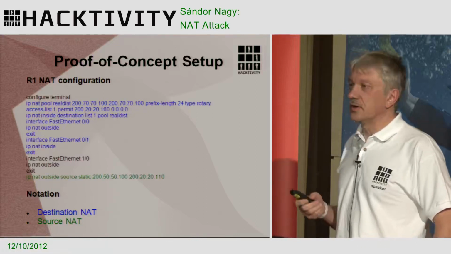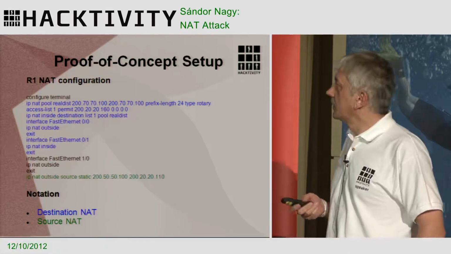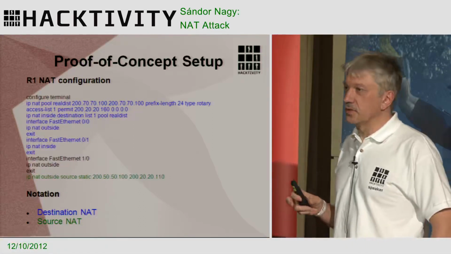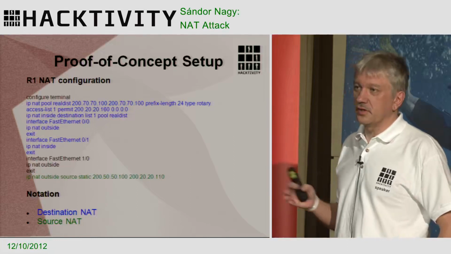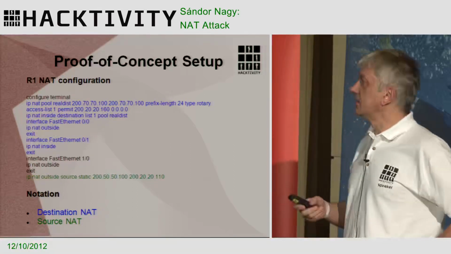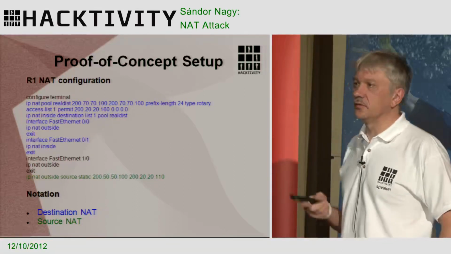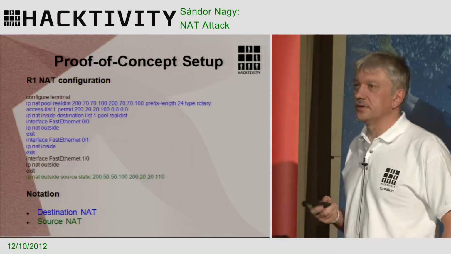Because it is for load balancing, we should define the first and the last IP of the IP pool. Generally, there is an IP pool and a number of servers, and the incoming packets are forwarded to one of them. In this particular case, it's used for a completely different purpose.